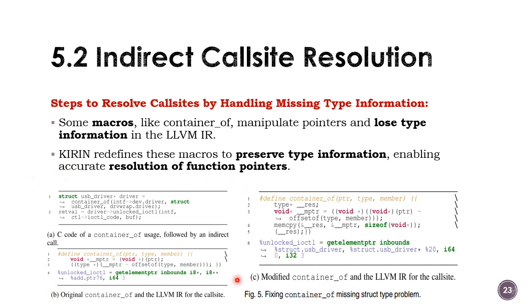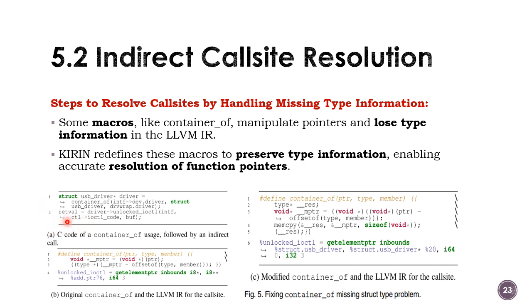The original implementation of the source code is image A and B. For image A, we can see a struct USB driver assigned to a function pointer driver, and here's an indirect call site, because we can see driver being called at line 2.